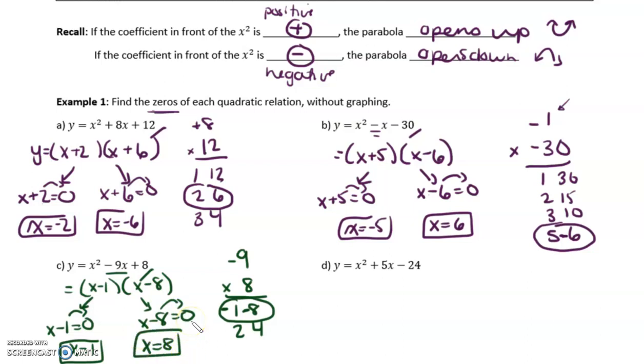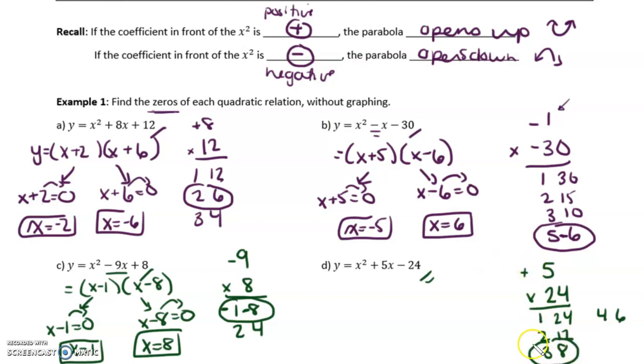Okay, and last one, D. Negative 24. So what two numbers multiply to 24? 1 and 24, 2 and 12, 3 and 8, and then 4 and 6. And which ones have a difference of 5? So they add or subtract to 5. Well, 3 and 8.